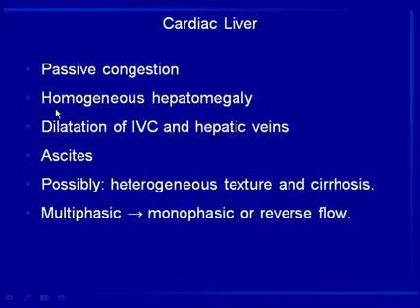We can find homogeneous hepatomegaly, dilation of IVC and hepatic veins, ascites, and in some cases heterogeneous texture and cirrhosis. Multiphasic flow or monophasic flow can be identified.